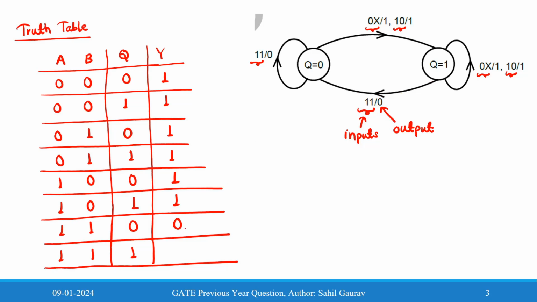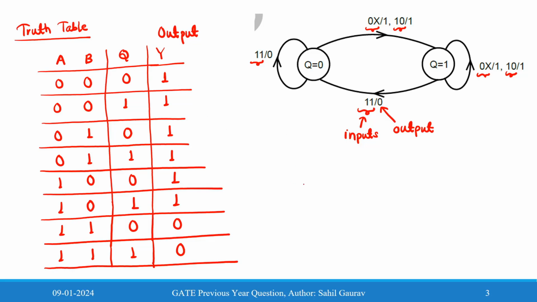So it will change the state, going from 1 to 0. So this is the output for different inputs and different initial conditions.